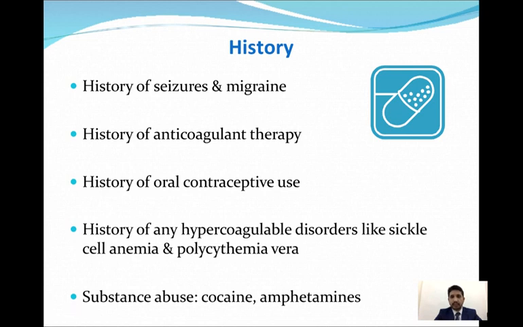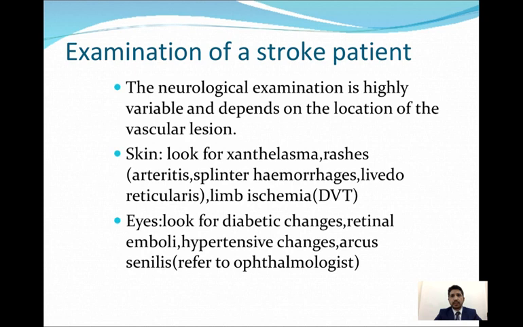Examination of the stroke patient. When a patient presents to you, the examination can be very difficult because the neurological findings will depend upon the location of the infarct or bleed. They vary greatly. Other conditions that predispose to stroke, you can look for them, like on skin, xanthelasmas; in the eye, diabetic and hypertensive changes.